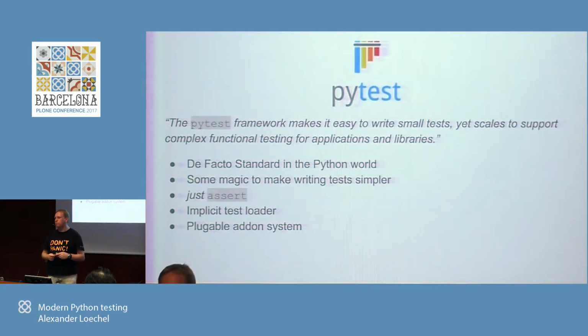It does some magic or some code lookup to compare and give some better output on a failure, so that you can more easily look at what's going wrong. It has an implicit test loader with it, and it has a pluggable add-on system, so you can have add-ons with PyTest that help.